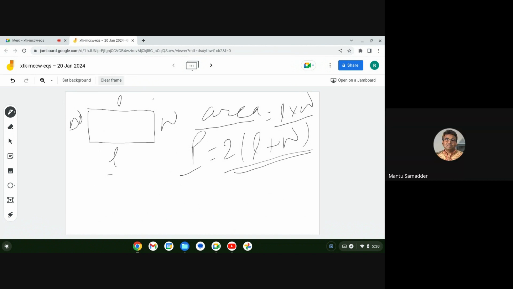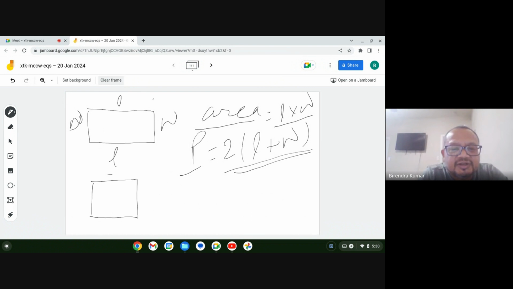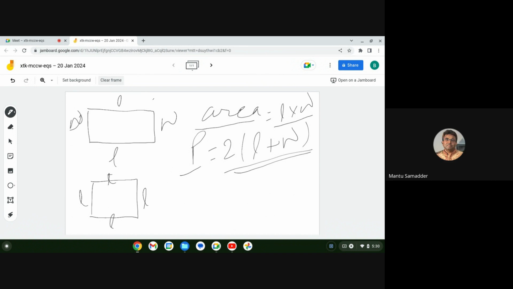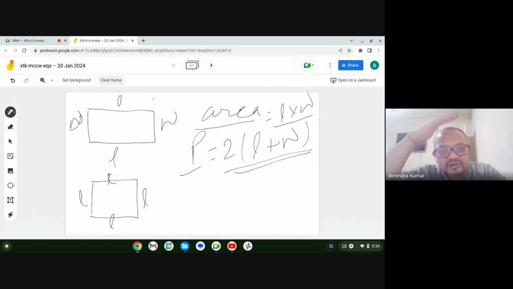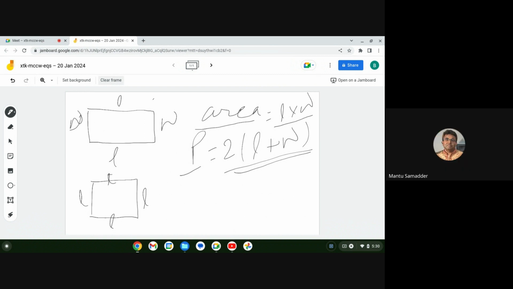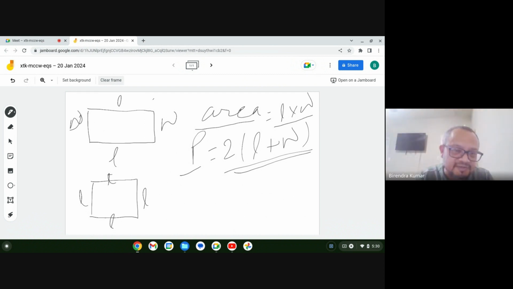Now let's look at another shape, the square. What is the property of a square? All sides are of the same length. If this is length, this is also length, this is also length, this is also length. I also kept telling over and over again that a square is nothing but another type of rectangle where the sides are of the same length.